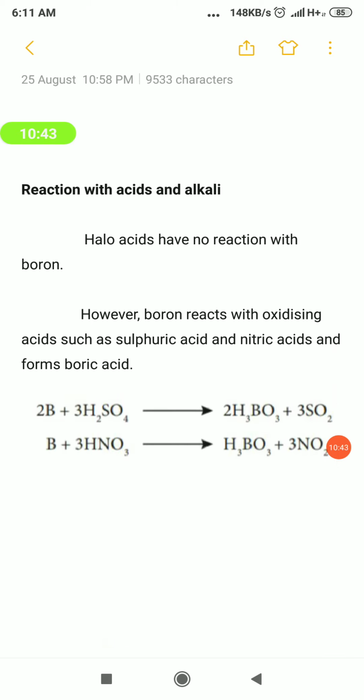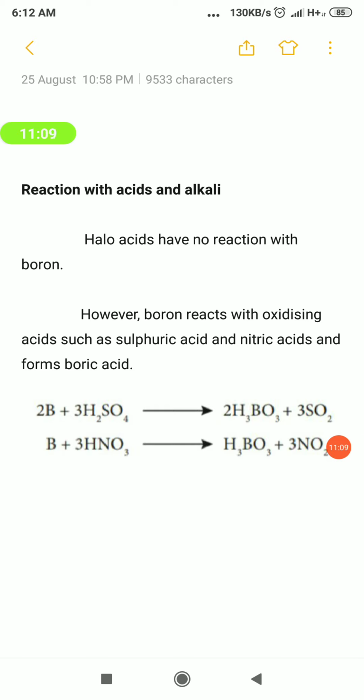The next is the reaction with acids and alkali. Examples for acids: HCl, H2SO4, HNO3, and so on. We are going to see how boron reacts with the acids and also the alkalis. Water soluble bases are called alkalis. First, boron shows no reactivity with halo acids.